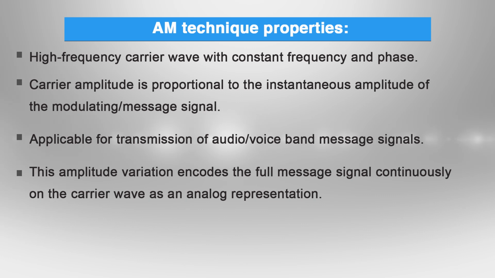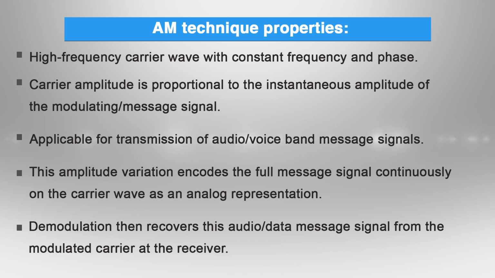This amplitude variation encodes the full message signal continuously on the carrier wave as an analog representation. Demodulation then recovers this audio or data message signal from the modulated carrier at the receiver end.